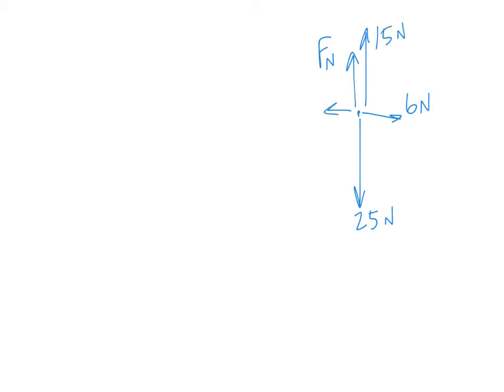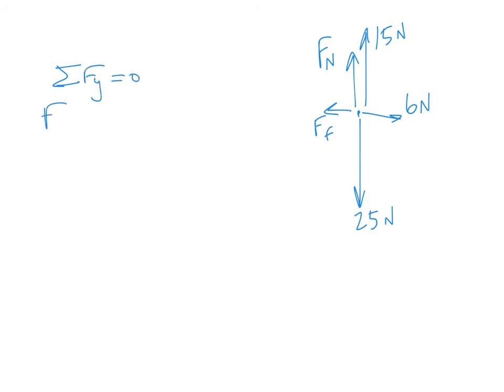Now in the second situation, we have a lot of the same information. We still have our weight of 25 downwards. We still have a forward pull of 6 newtons. We still have some sort of normal force, but I don't know what it is. And in this case, we are pulling upwards with 15 newtons. So again, I want to see whether that change to the upward force is enough to allow this block to break free.